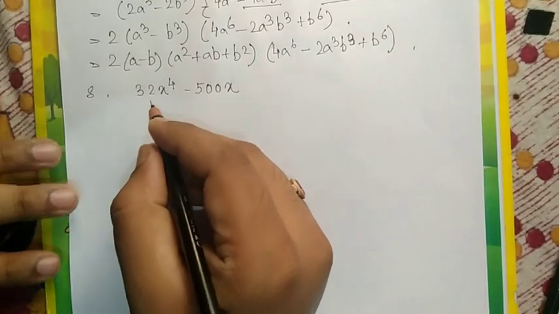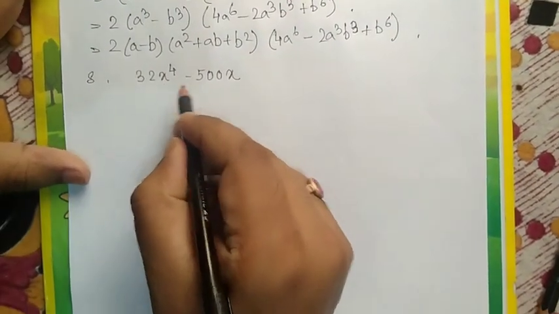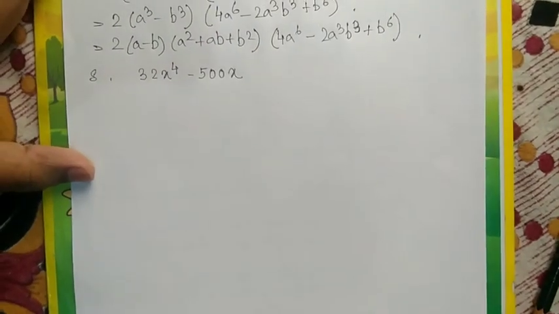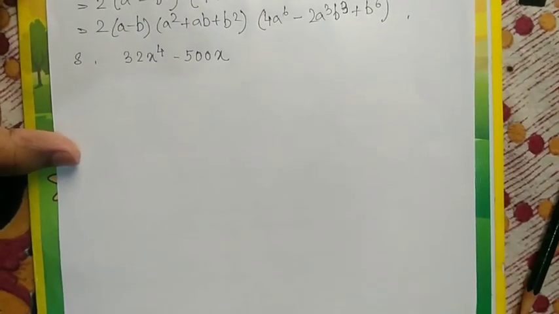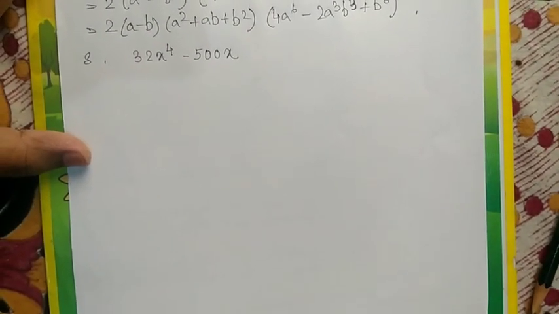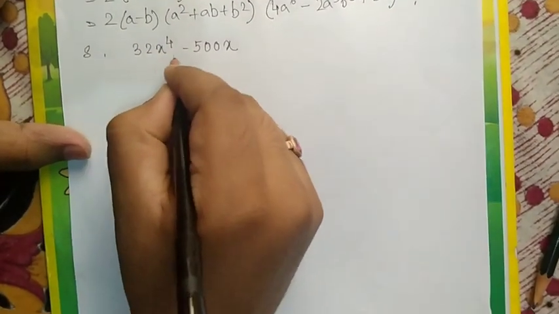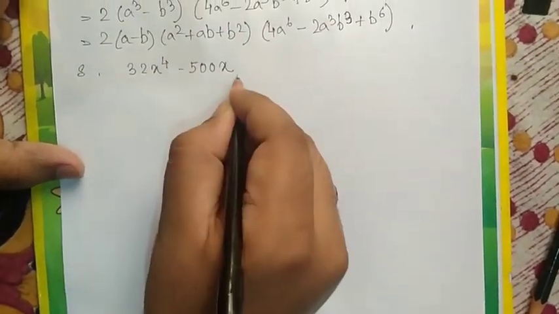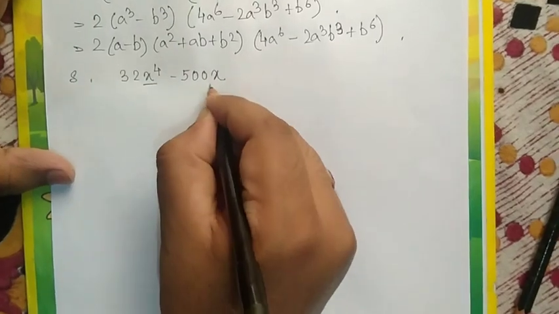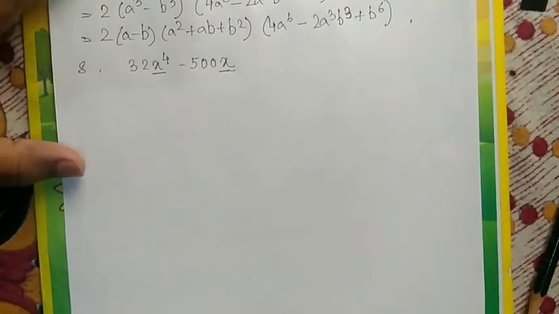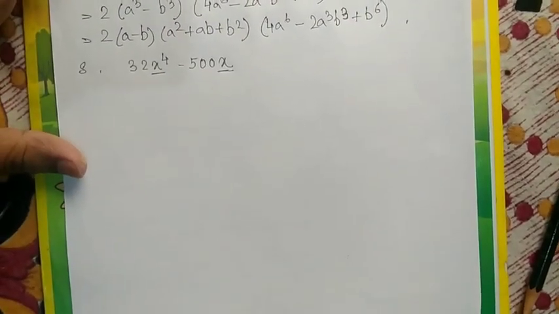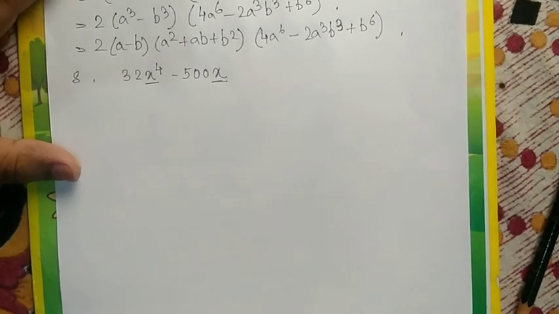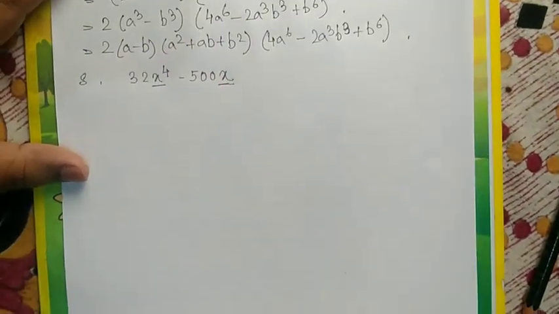Now this is sum number 8, 32x to the power 4 minus 500x. This is a tricky sum. First of all, this is a chapter of cube. We can't take the cube root of these two numbers and also these algebraic terms. So therefore we have to take something common from these two algebraic terms.